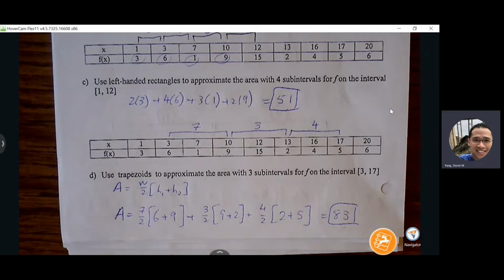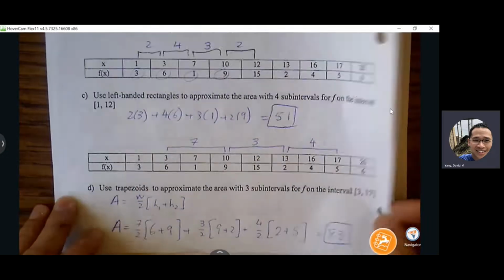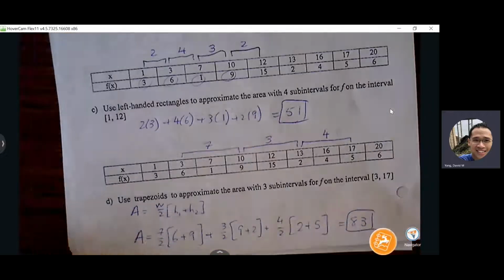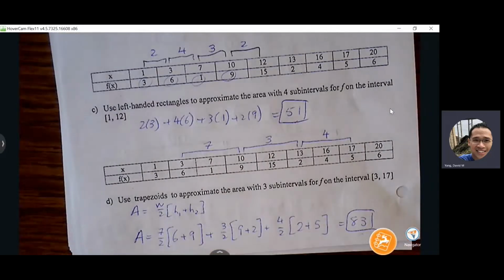All right, any other questions with table of values, Riemann sums? Okay, let's go to page 11 in your 4.1 packet, and we're going to start going through one of the quiz reviews.